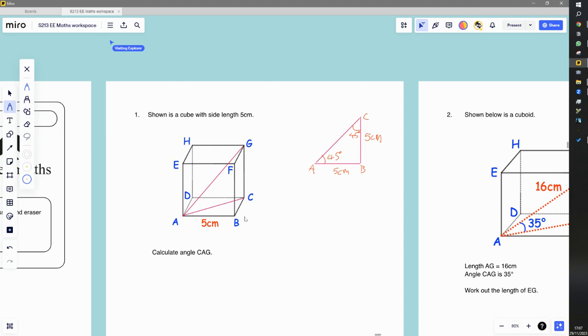Once we've done that, we'll have a second triangle, which will look like this. So we've got A to C. Now A to C will not be 5 centimeters, it'll be that line there because it is the same line, of course, right? So if it helps, I find, if we highlight it here.